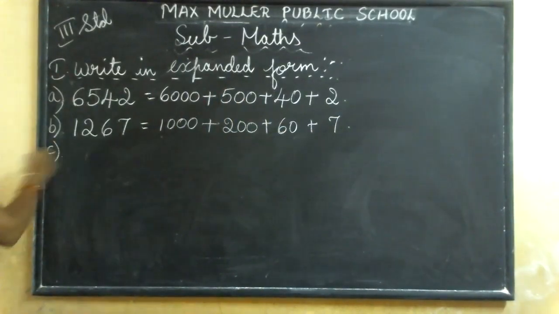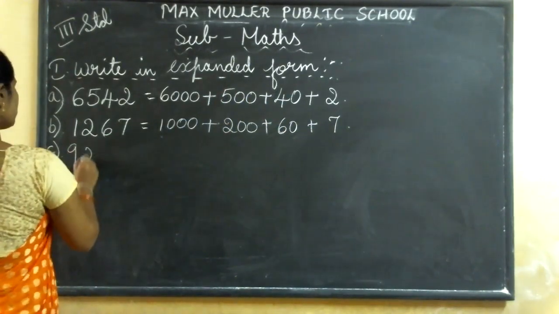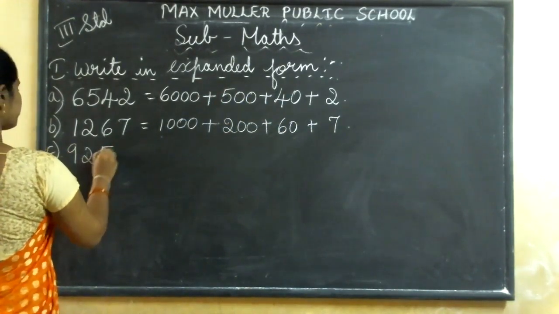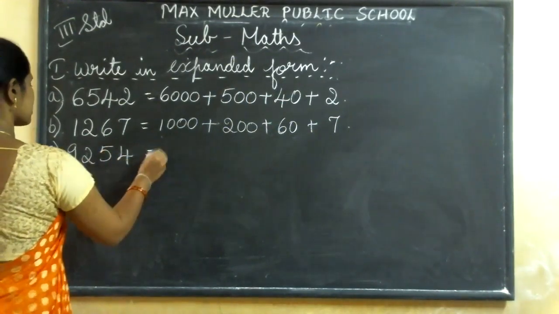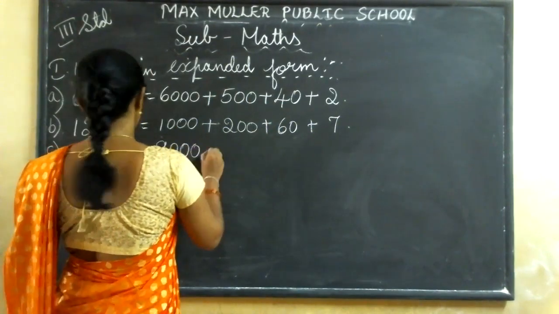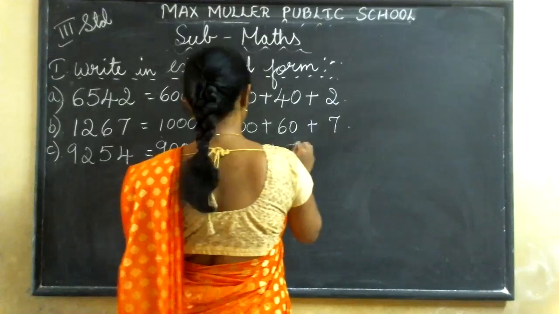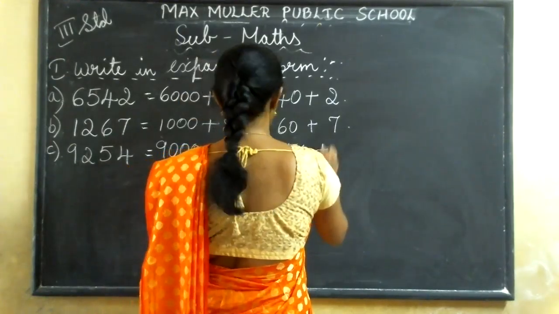Third one, 9,254. So how will you write? 9,000 plus 200 plus 50 plus 4.